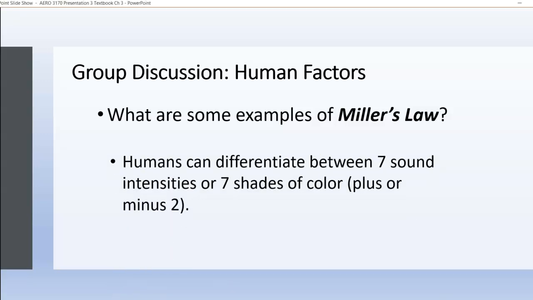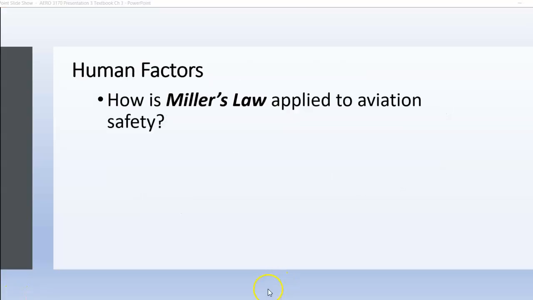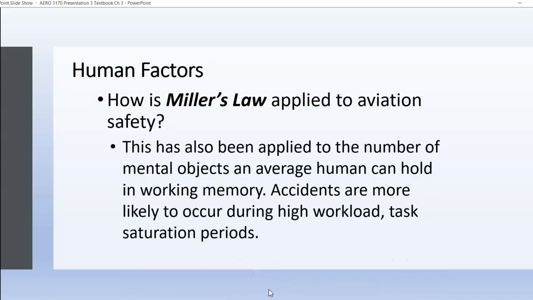Well, humans can differentiate between 7 sound intensities or 7 shades of color, plus or minus 2. How does this apply to aviation safety? It's been applied to the number of mental objects an average human can hold in their working memory. So accidents are more likely to occur when there is a high workload. For example, during critical phases of flight, when task saturation occurs.